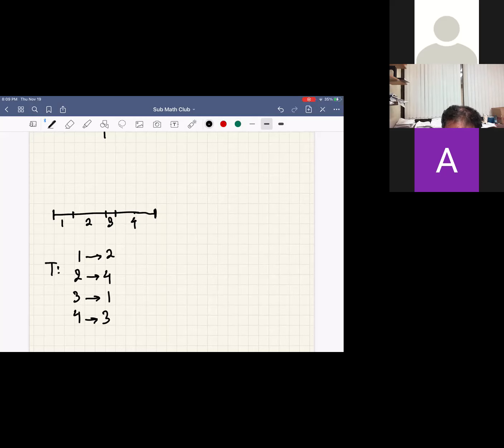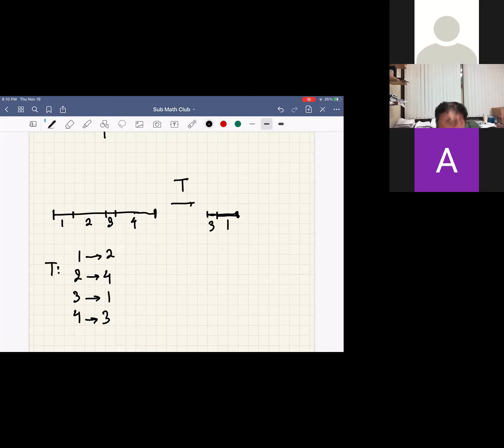After applying this T, the 3rd interval comes to the 1st position, so first I see this little interval which is 3. The arrows tell me where to send each interval. The 1st interval goes to the 2nd position, so it's here.